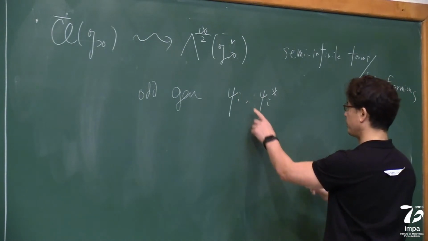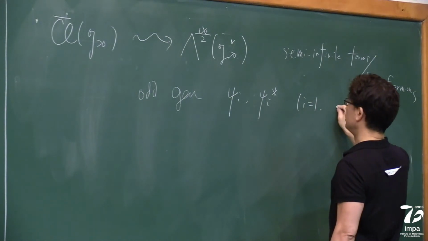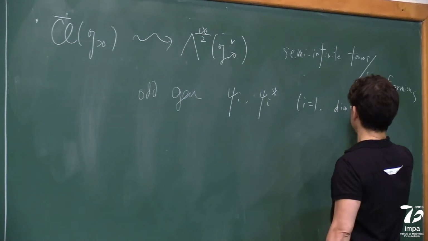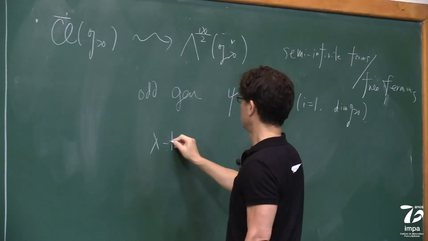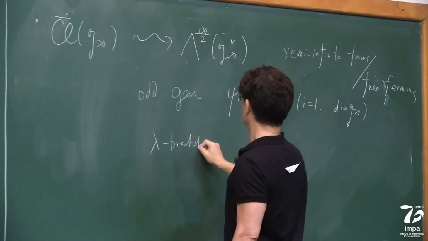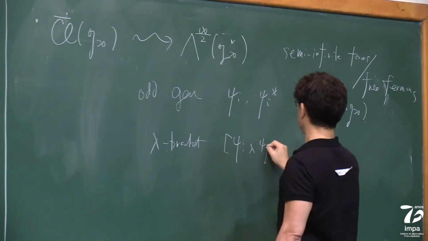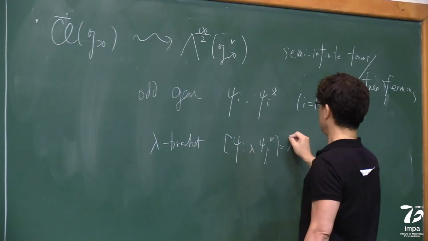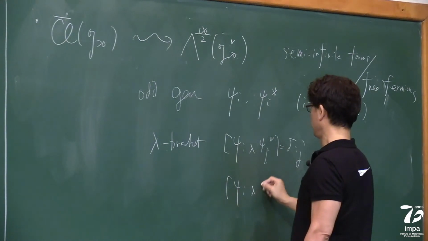I should have put the bar for the previous one. So I is from 1 to the dimension of G positive, and the lambda bracket is just psi I lambda psi j star equals delta ij, and the other brackets are 0.